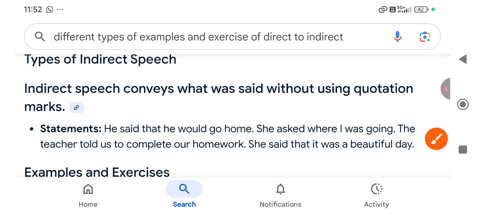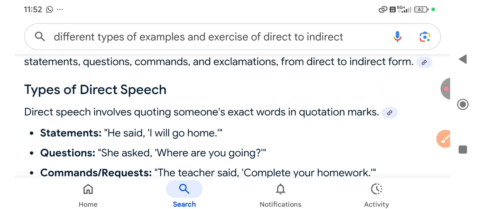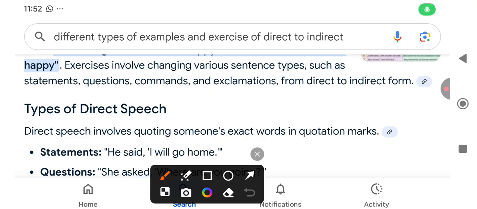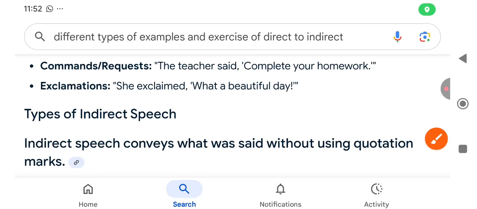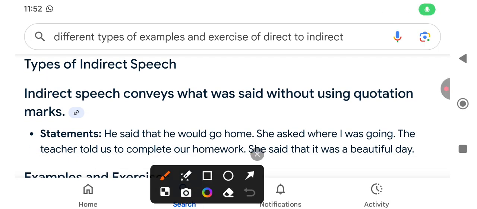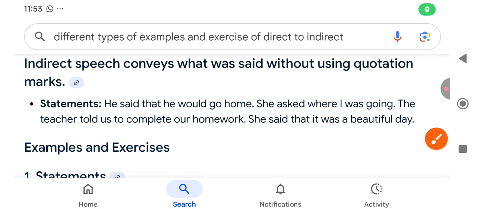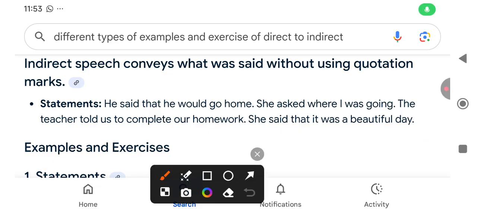Now, types of indirect sentence. These are the direct sentences, right? Direct speech. Now, moving to indirect speech. Indirect speech conveys what was said without using quotation marks, using your own words, right?